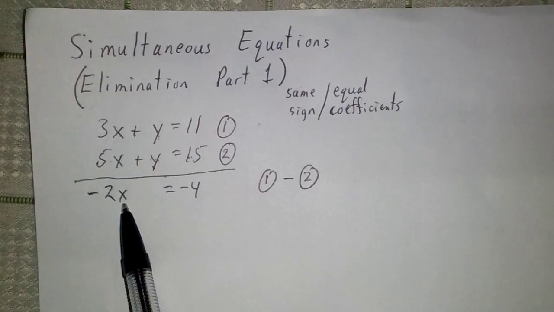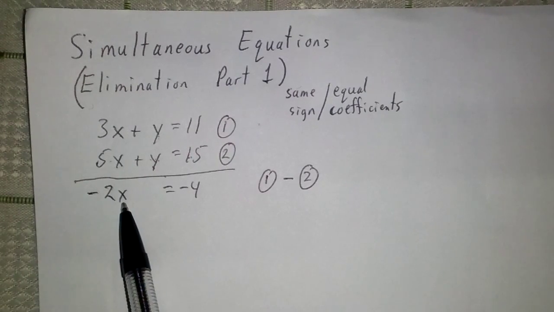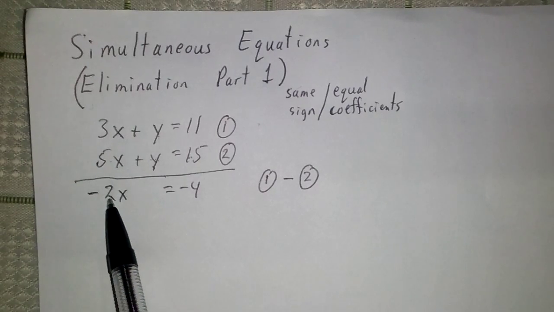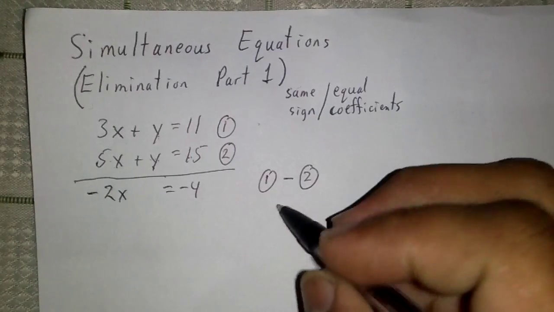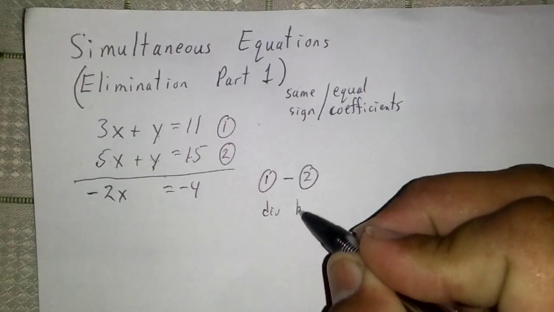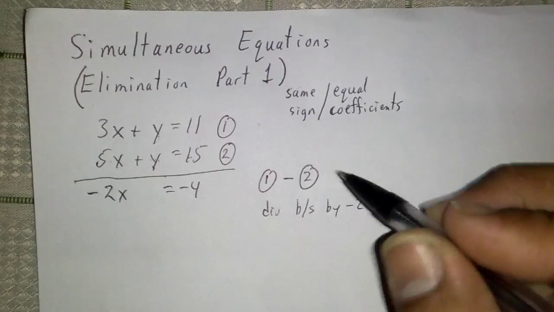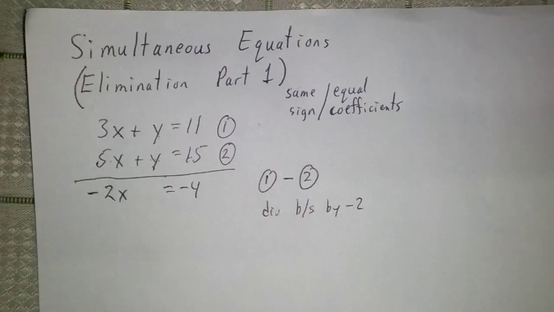But we need x by itself. So what we do, we need to get rid of the coefficient of the variable x in this case. So we get rid of this negative 2. In order for us to do that, we must divide both sides by this negative 2, or in other words, divide both sides by the coefficient of the variable.